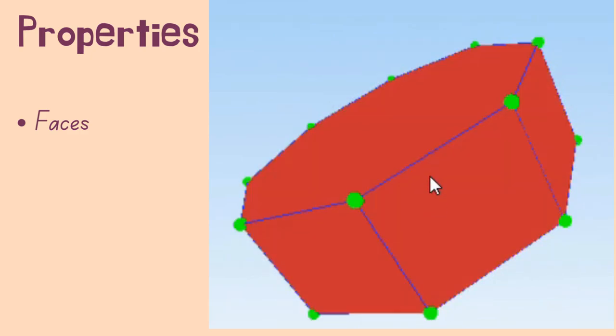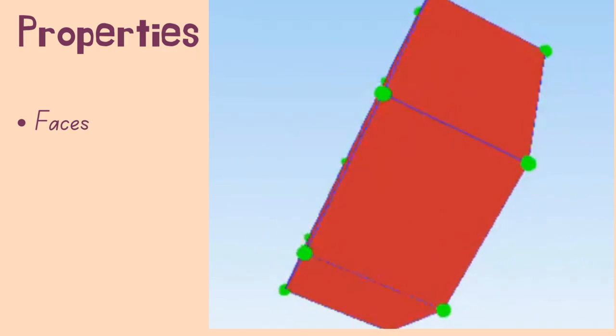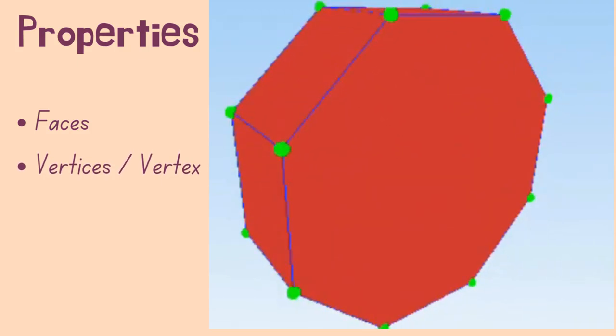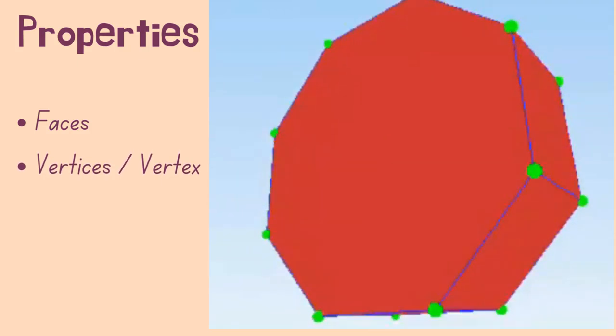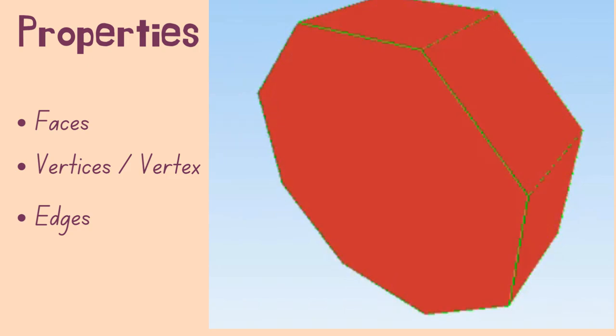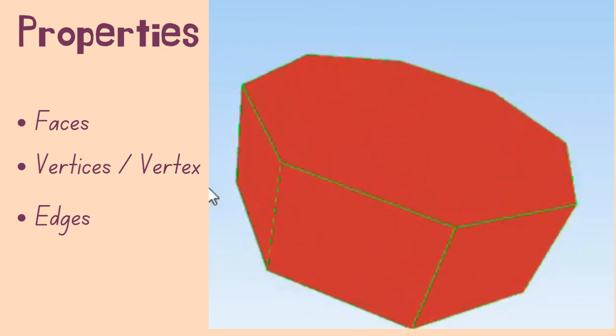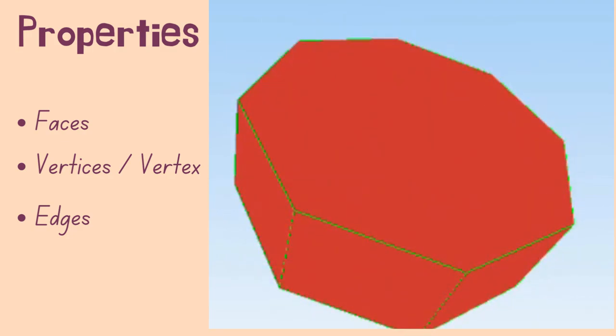The vertices will now be the little green dots around. It's where all the corners are made for the shape. The edges are now the ones flickering green and blue. That is where you can find all the different parts of your three-dimensional shape.